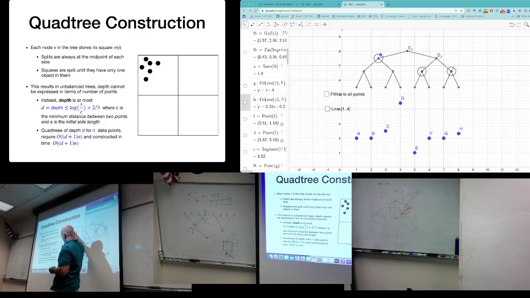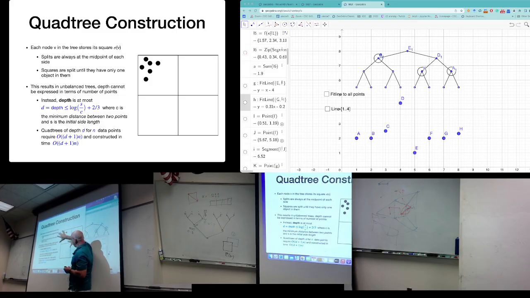Okay, so if I give you a set of points, how much time do you need to build the quad tree, using the algorithms that I described in the first slides? You're looking at all the points, it's more than one, so now I'll split it into 4 quadrants and repeat recursively.